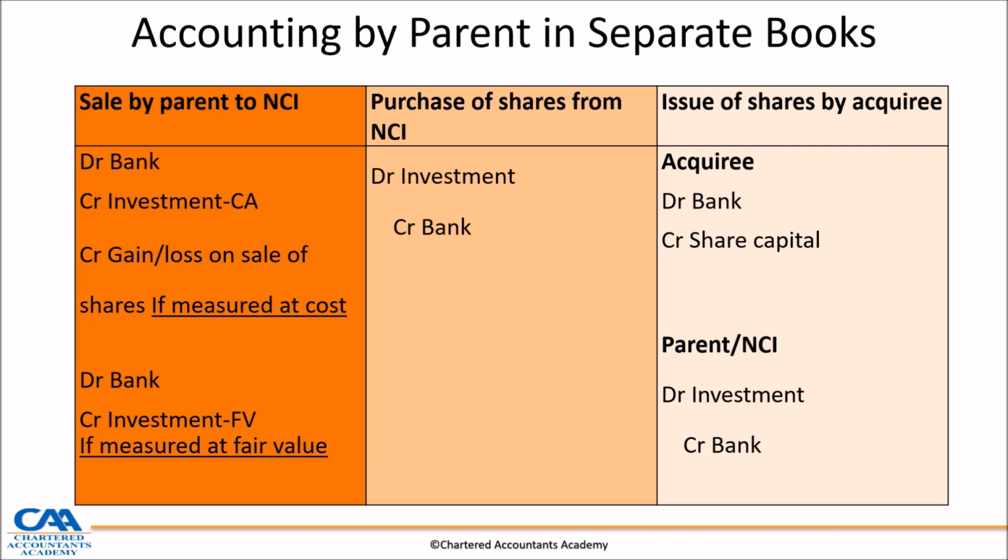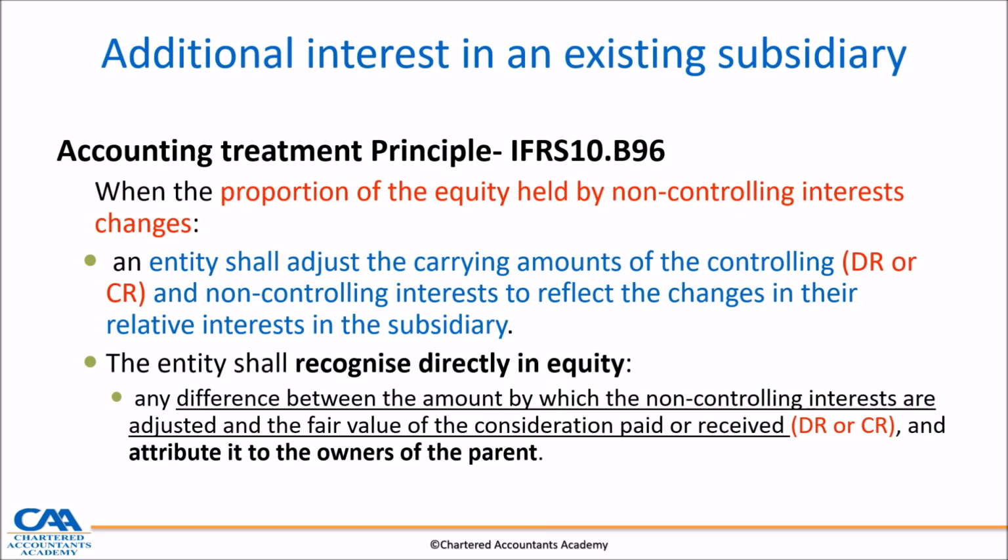They receive bank and they credit share capital. They've given away new shares. From a parent's point of view, or NCI, they're receiving investment. So debit investment, credit bank. So there are two sides to this account.